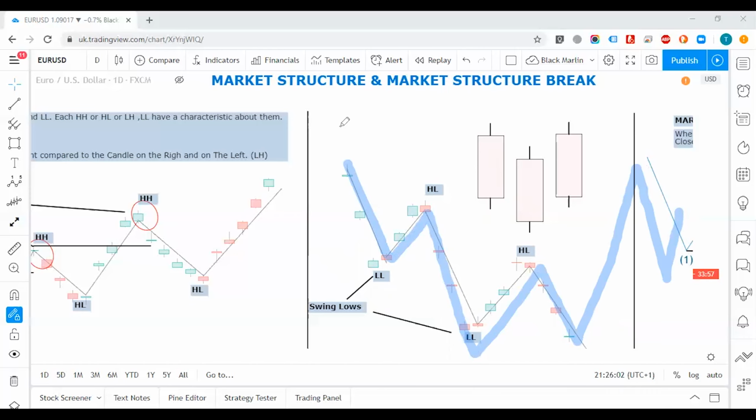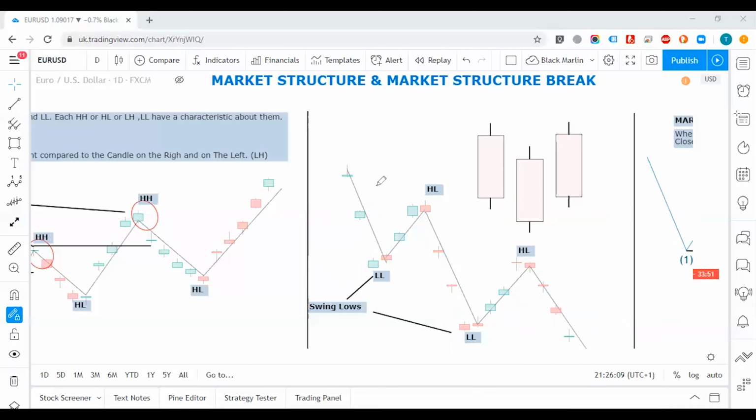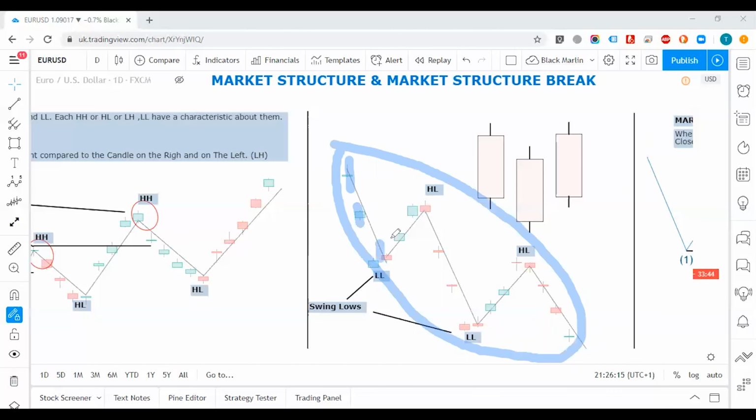However, the higher the time frame you look at, the stronger or more solid or more convincing the swing. So if you're looking at this on a weekly, for example, where each candle is 1 week worth of data or 1 week worth of transactions, right? You would agree with me that that's billions and trillions of dollars they've used to move the market in that direction.